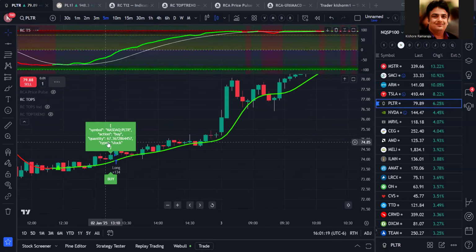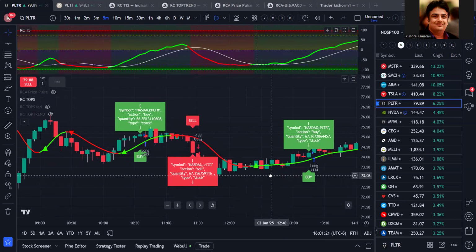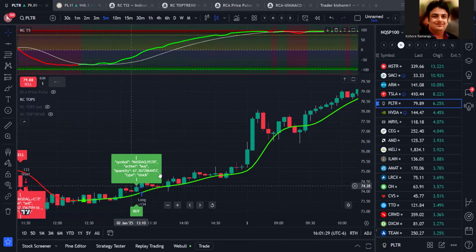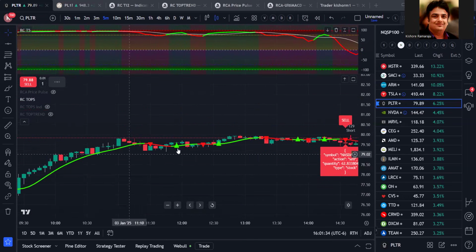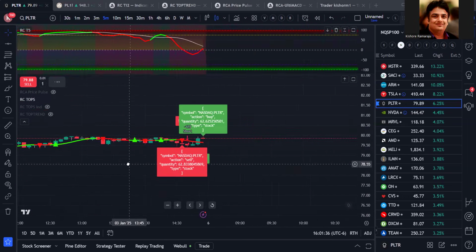PLTR. So your losses will be very small, right? For example, here you shorted it. Immediately it started going up. Your loss will be very minimal here, but your profits will be huge, right? Because whenever the move is big, you'll make nice profit. Here it started coming down, you may short it, but immediately it started moving up, right?